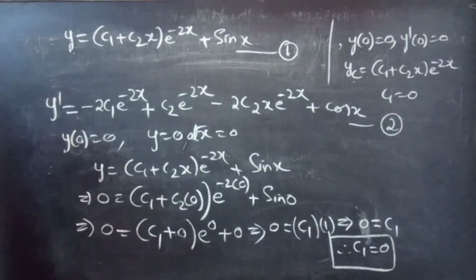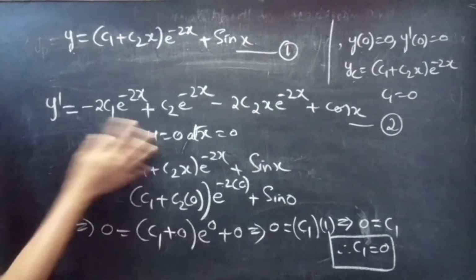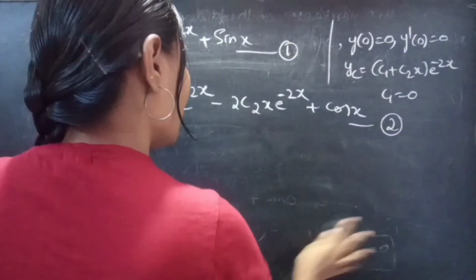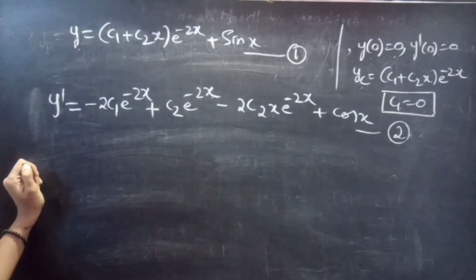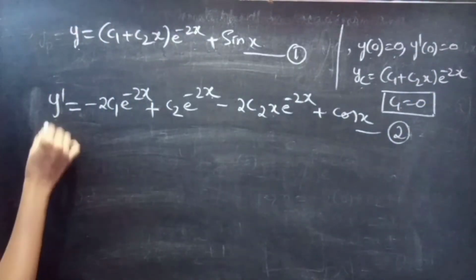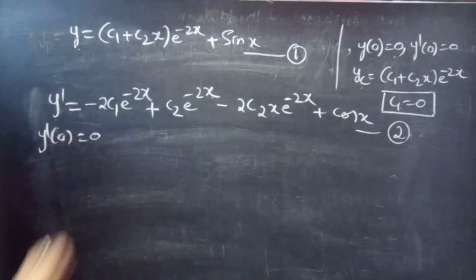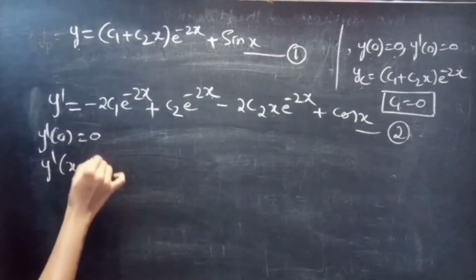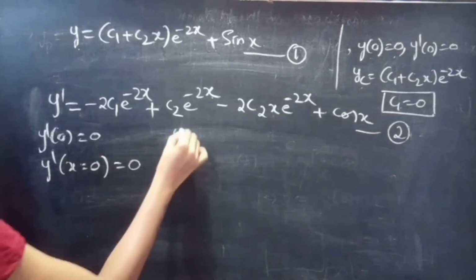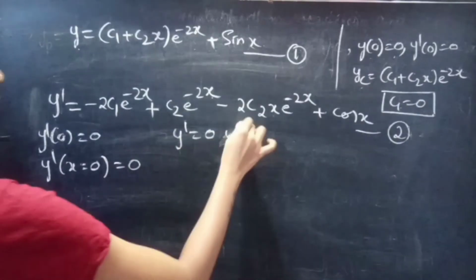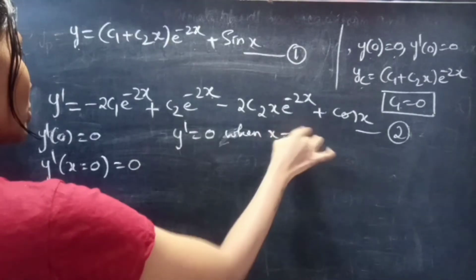Now find the value of the other constant c2 using the initial condition y dash at 0 equals to 0, which means that y dash at x equals to 0 equals to 0, right? That is y dash is 0 when x equals to 0.